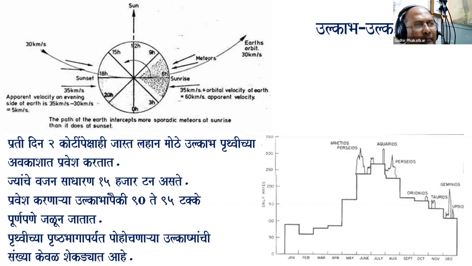Their quantities are only a few hundred, and we don't know where those are falling. Maybe our land surface ratio on the Earth is much less than sea, so that is why we don't know where those fall.